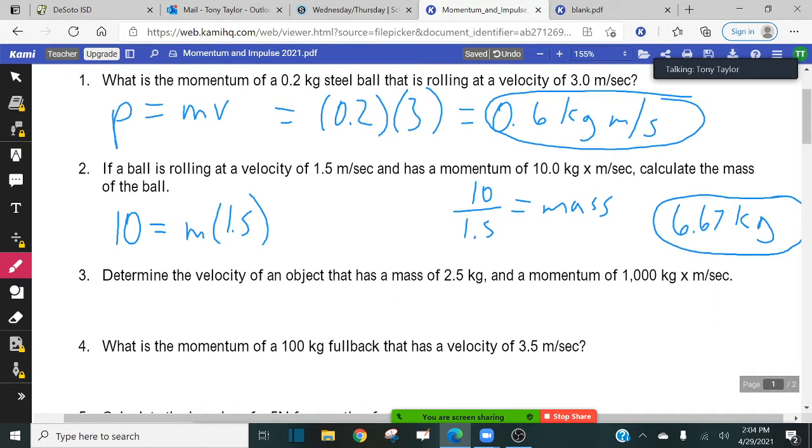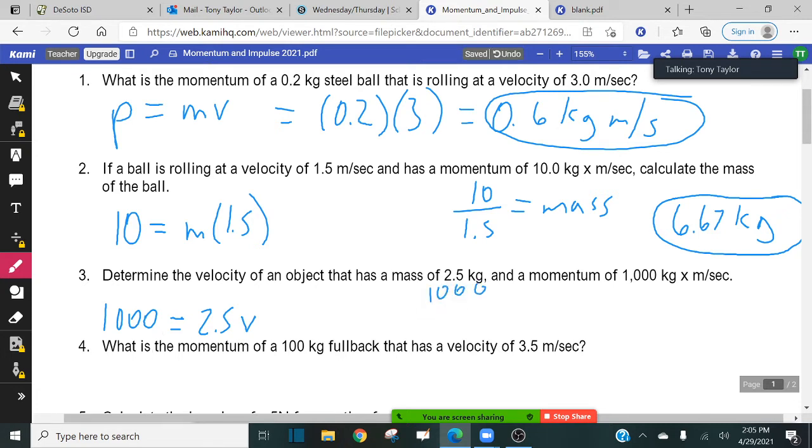Determine the velocity of an object that has a mass of 2.5 kilograms and a momentum of 1,000 kilogram meters per second. Again, momentum is equal to mass times velocity. We know our momentum is 1,000 and we know our mass is 2.5. You guys know how to solve this equation for velocity. You just divide.